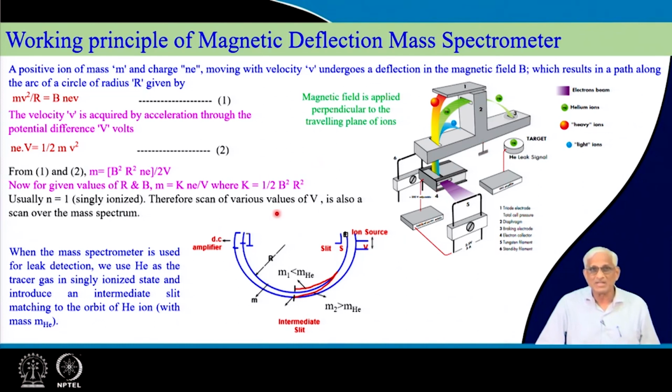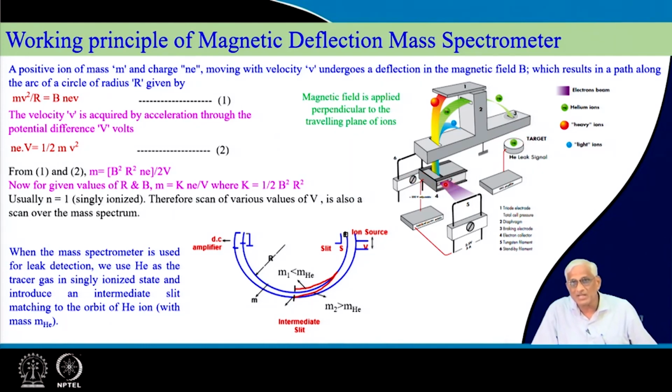It is nothing but a source of electrons from a filament, you apply a small voltage to heat it, thermionic emission, electrons will come out, and they ionize all the atoms which are around, because the entire equipment is under a vacuum chamber. It is only a zoomed version of the instrument. This whole thing is the detector, integrated with the vacuum system which we are trying to analyze. So, that way it is a part of the vacuum system.